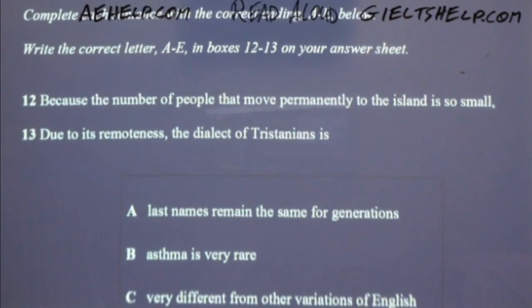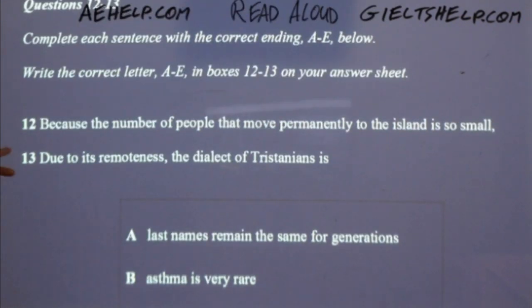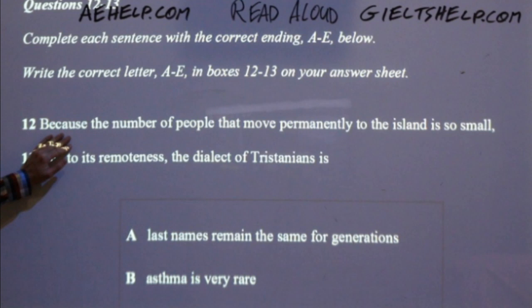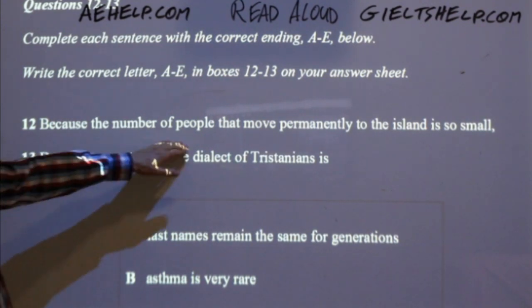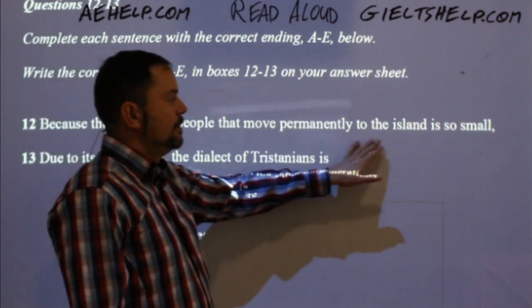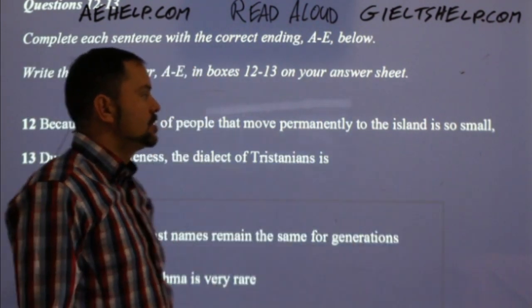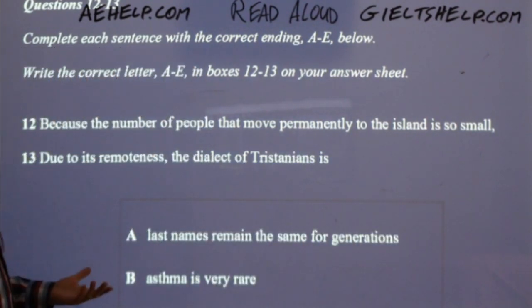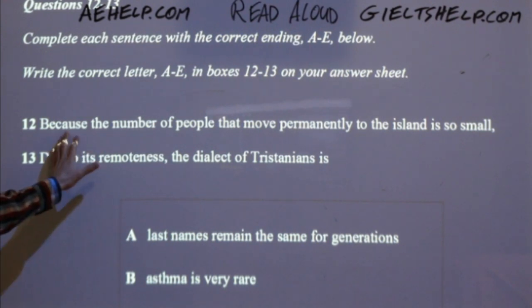All right. This type of question you should try to figure out on your own and then choose the correct ending. So here it says, because the number of people that move permanently to the island is so small, what? So how can you finish this sentence?